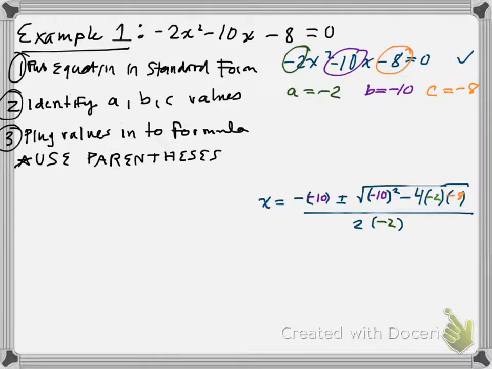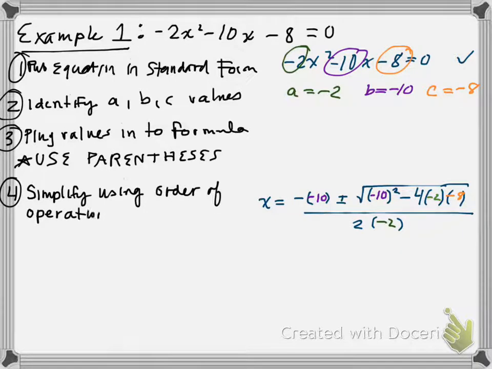Okay, so from here I'm going to start my fourth step, and my fourth step is going to be to simplify using order of operations. And to do that, I'm going to say we should work up.